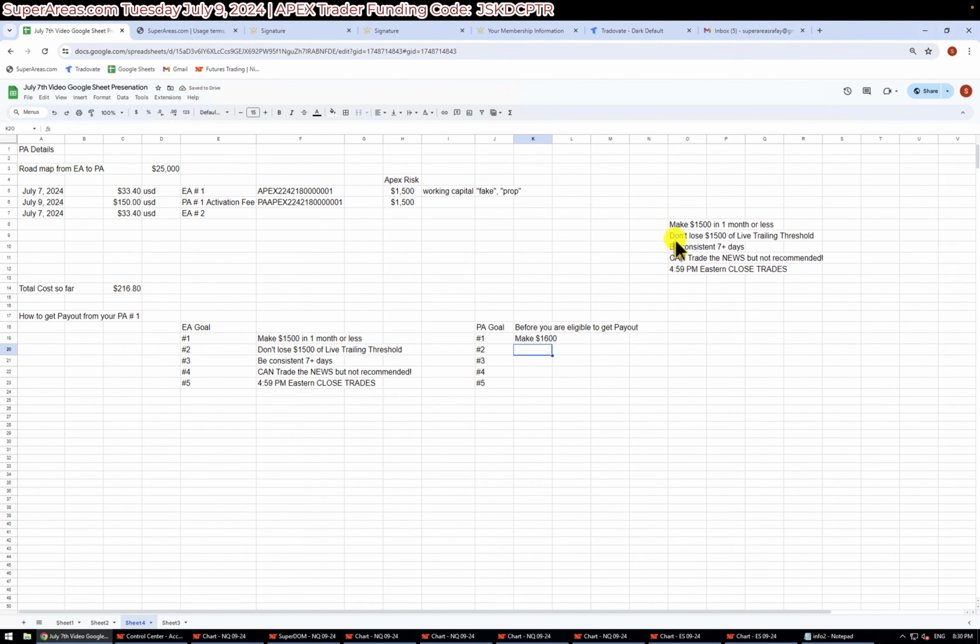Rule number two, don't lose more than $1,500 of the live trailing threshold. That stays the same. Be consistent, 7+ days. This time around, be consistent, 10+ days. So your trading days go to 10. Cannot trade the news. You have to just say one strict rule: cannot trade the news, period, whatsoever.